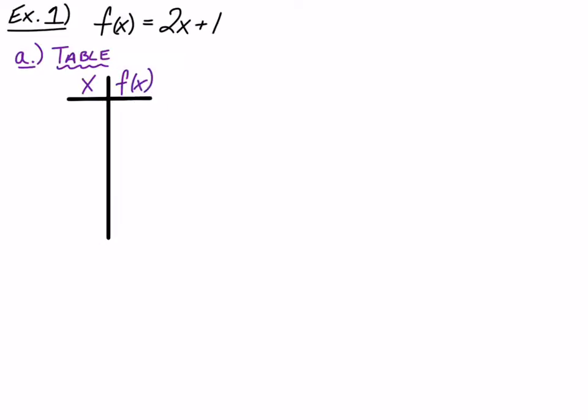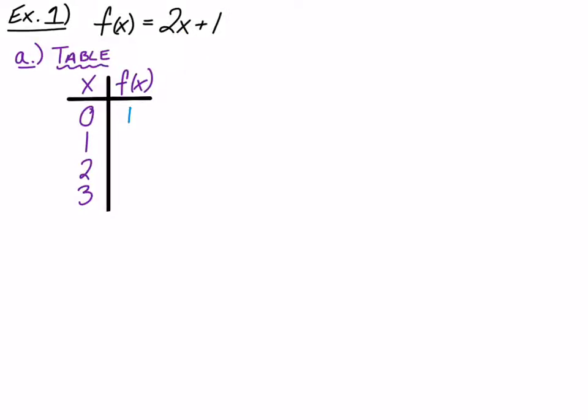Let's pick some really easy numbers for the inputs. How about 0 through 3? So 0, 1, 2, and 3 for the x's. Those are our inputs. And then what do we get for the outputs? We have to do a little math for those. If we substitute 0 in for x, 2 times 0 goes away, and we just get 1.